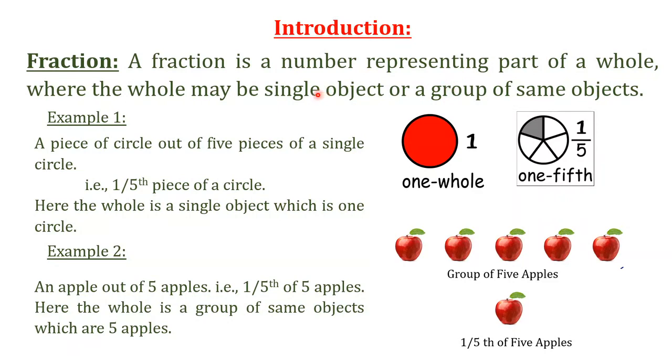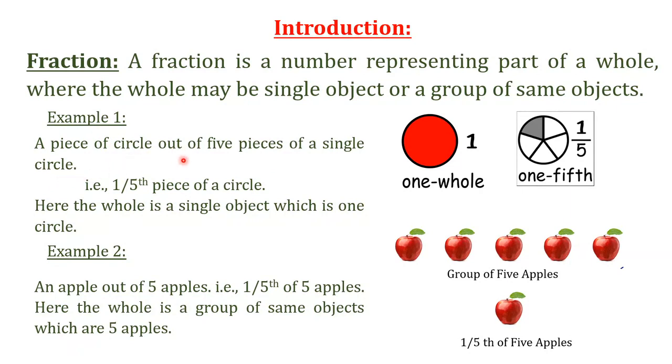So the fraction definition you can tell in two parts, by using a single object and by using a group of same objects. See example 1: a piece of a circle out of 5 pieces of a single circle.